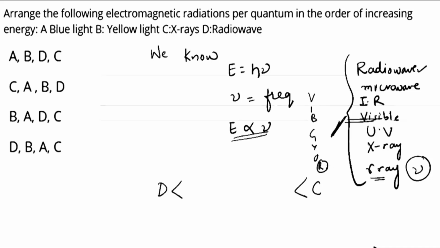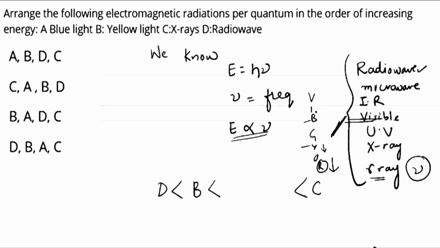Red has the lowest frequency, after that come yellow and blue. So yellow will have lower frequency in comparison to blue because VIBGYOR is the order of decreasing frequency. Hence yellow has lower frequency than blue light.